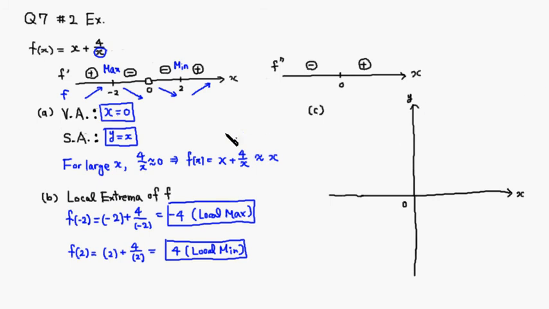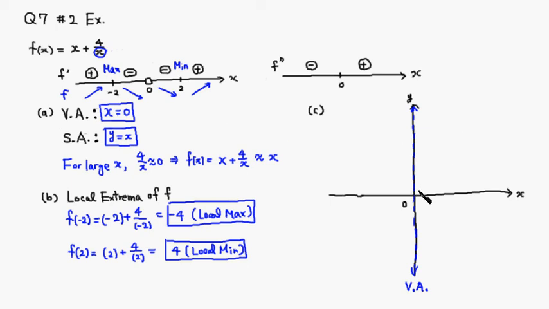First thing, we can put the vertical asymptote. X equals 0 is the y-axis, so it goes right on top of the y-axis. It's kind of hard to see. So that's our vertical asymptote. So indicate that vertical asymptote. Then the slant asymptote is y equals x.